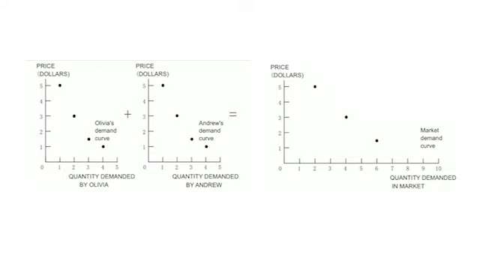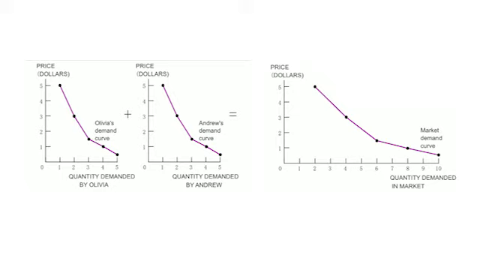We just added them in, and we get the individual demand curves, which we've derived now, adding up to the market demand curve. And then to make it easier to see, we can just connect the dots. There are the 2 individual demand curves for Olivia and Andrew, and there's the market demand curve, which consists of the market with just these 2 at this point.